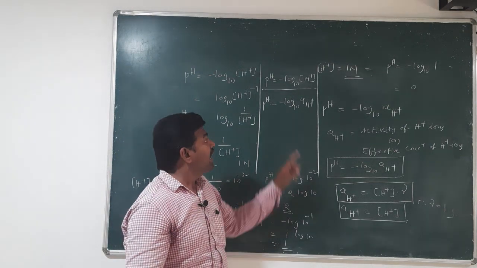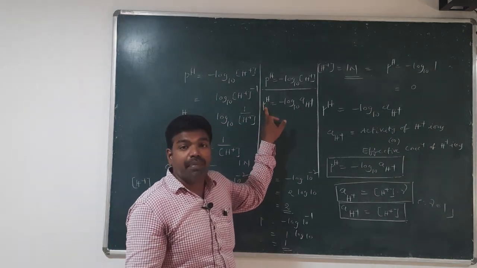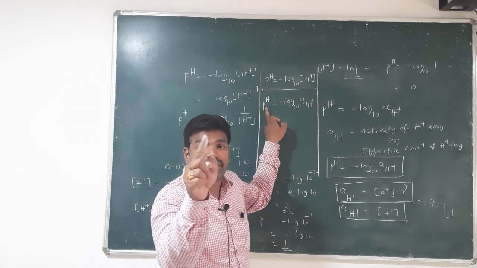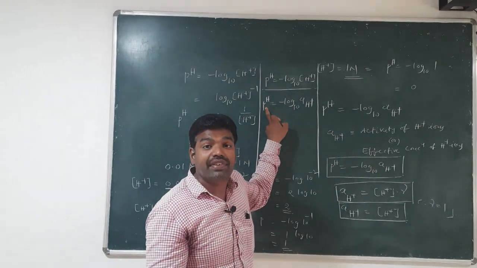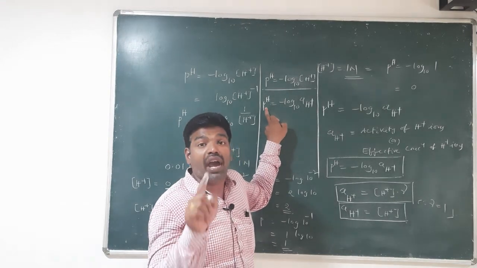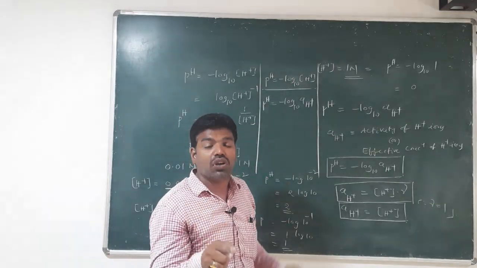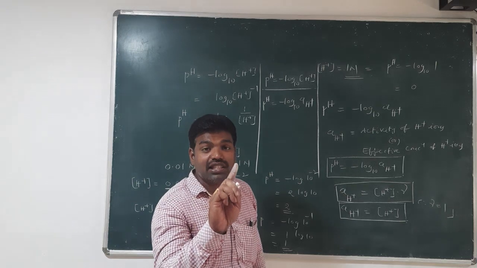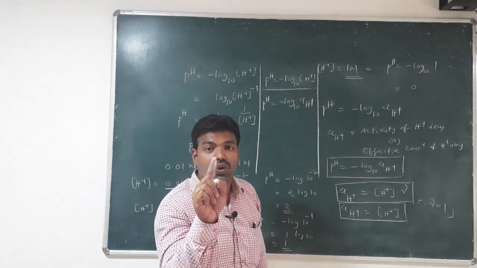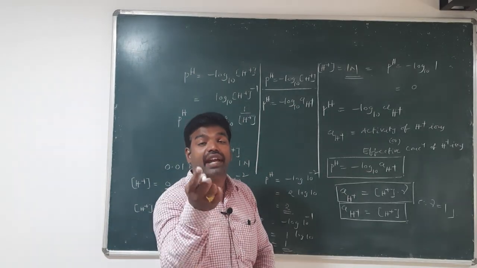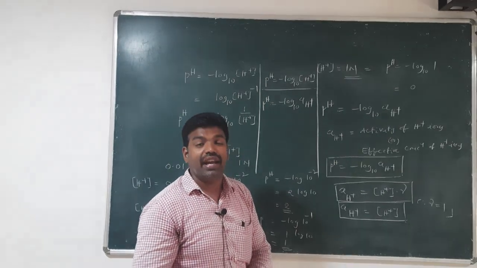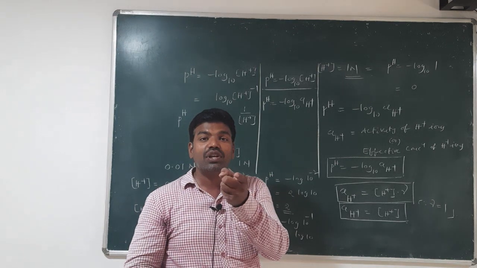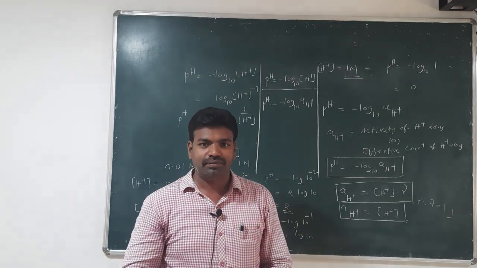That means pH measurements of high concentrated solutions require the use of activity coefficient, whereas pH measurements of dilute solutions do not require activity coefficient, because it is found to be 1 in the case of dilute solutions. In dilute solutions, activity coefficient is found to be 1.